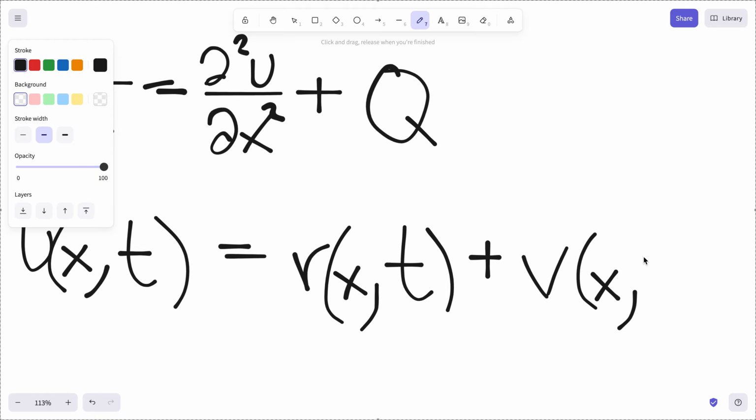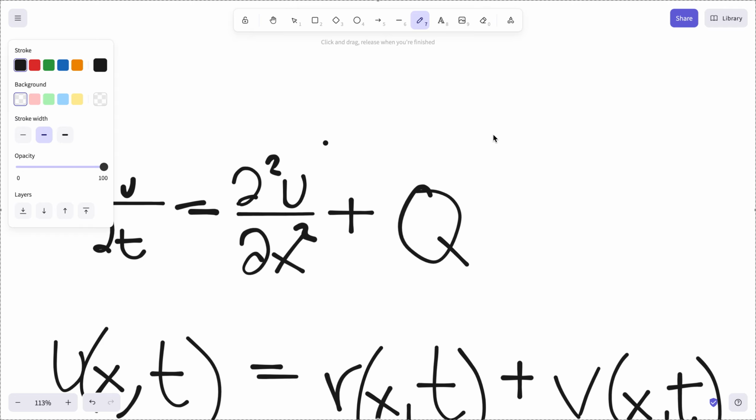In addition, we're going to look at the boundary conditions, where we've also only been dealing with homogeneous boundary conditions, but now we're going to learn how we can deal with boundary conditions where we have functions with respect to time.